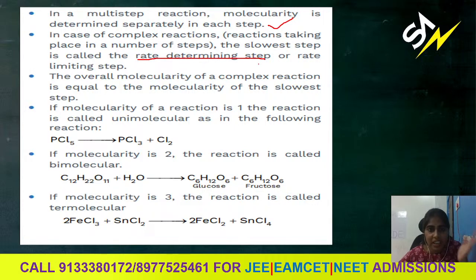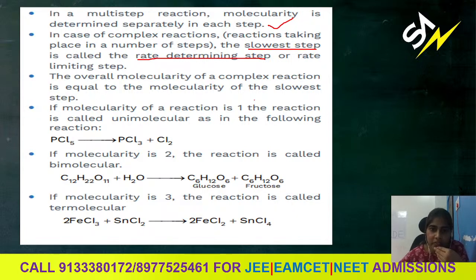It means which occurs slowly, that step is called the rate determining step. For a complex reaction, there are multiple steps, right? In that, one of the steps will be the rate determining step, which is the slowest step. Next, the overall molecularity of the complex reaction is equal to the molecularity of the slowest step.